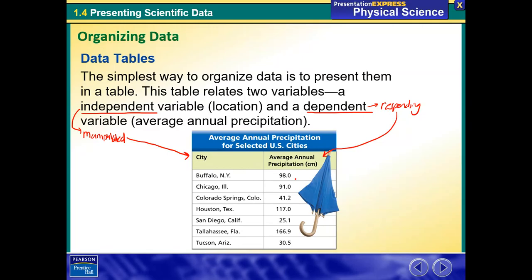It can also be in the third column as well. Here it's showing that our dependent variable is our average annual precipitation in centimeters. So this data table here easily allows us to look at Houston, Texas, its average snow/rainfall is about 117 centimeters.